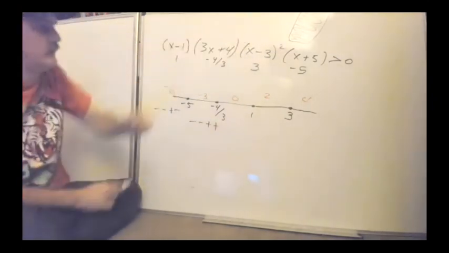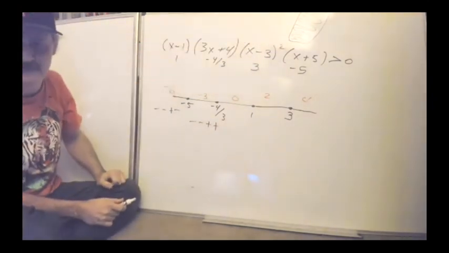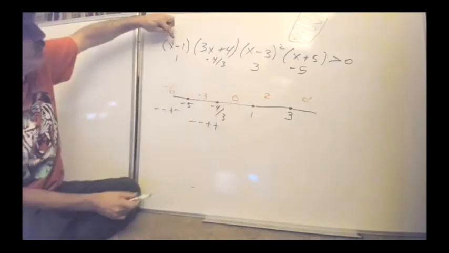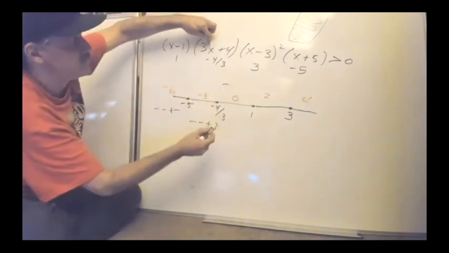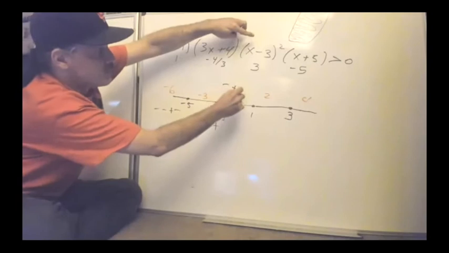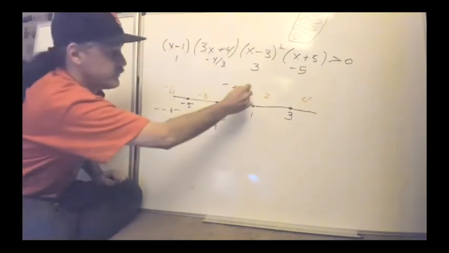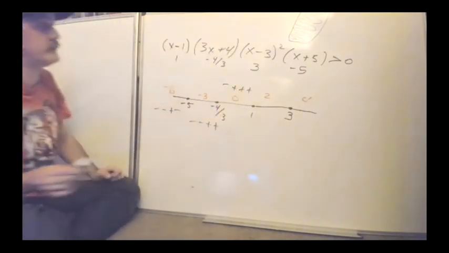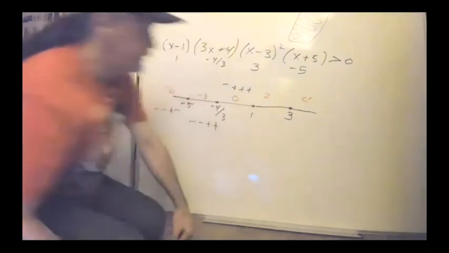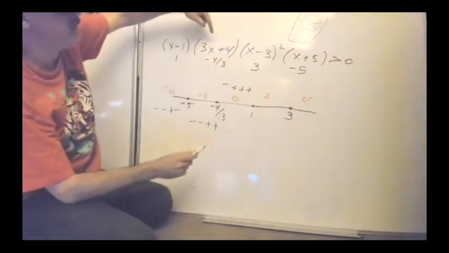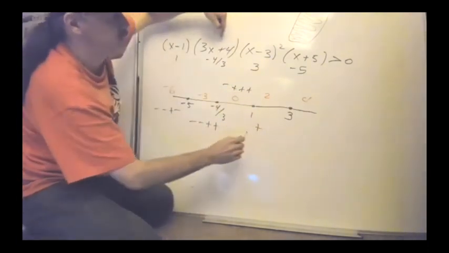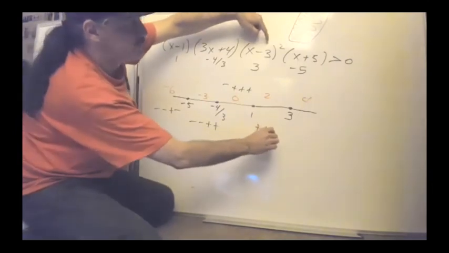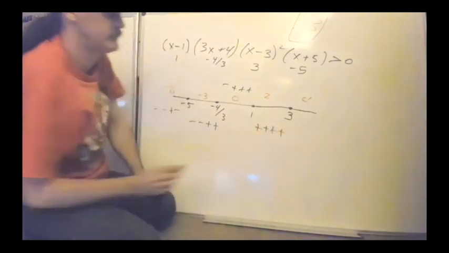All right, now 0. 0 minus 1, negative. This is going to become positive. That's always positive. And 0 plus 5 is positive. Okay, now the 2. 2 minus 1, positive. Put 2 in here, positive. This is always positive. 2 plus 5, positive.